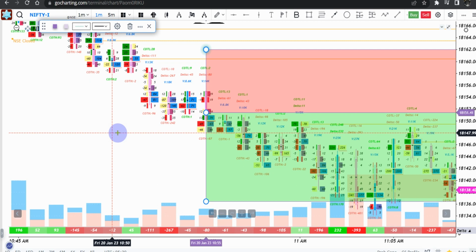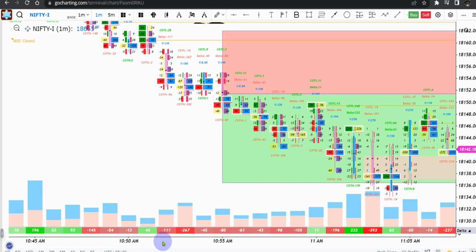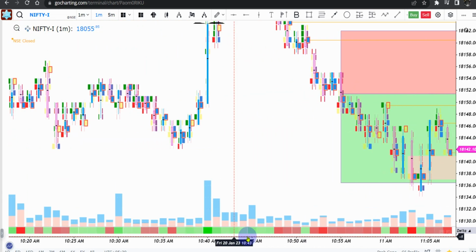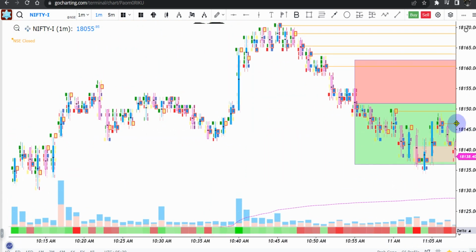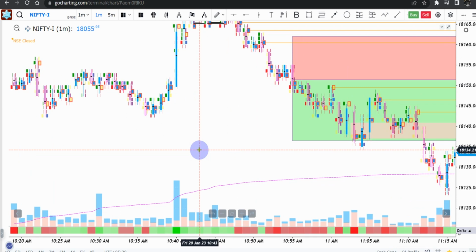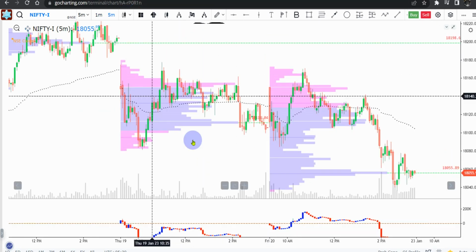The second target, if you're an intraday trader, and which has a high probability of hitting, is of course the VWAP. In a ranging day, that is what you should aim for, the reference zones, especially when you're expecting the market to move up and down.